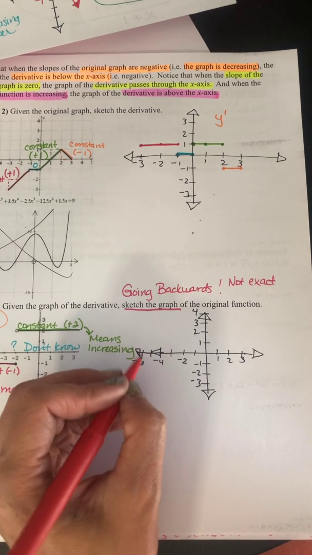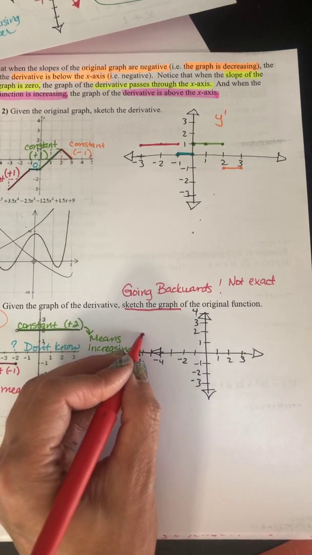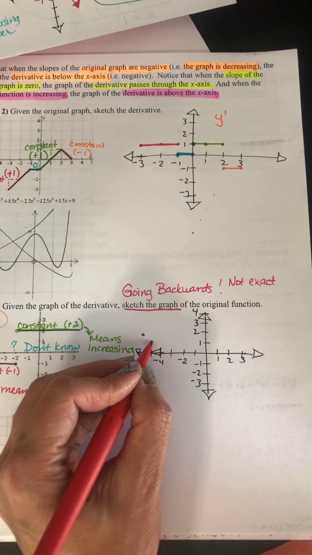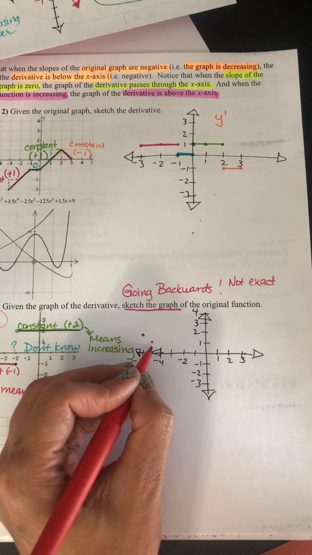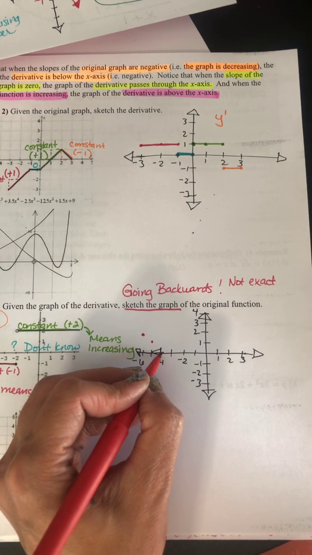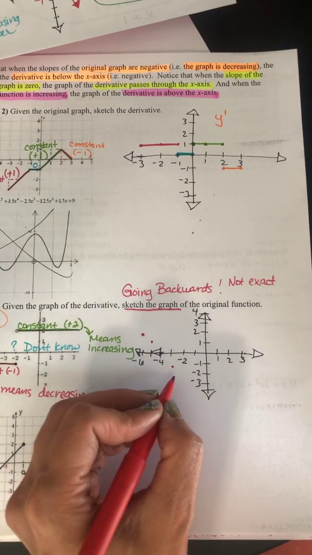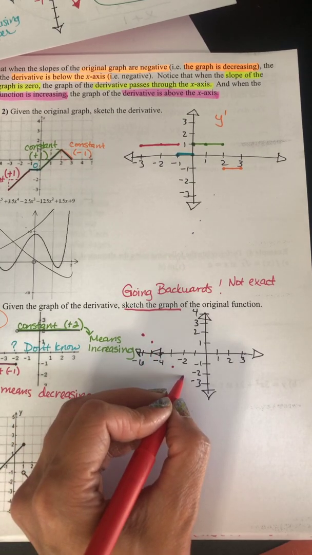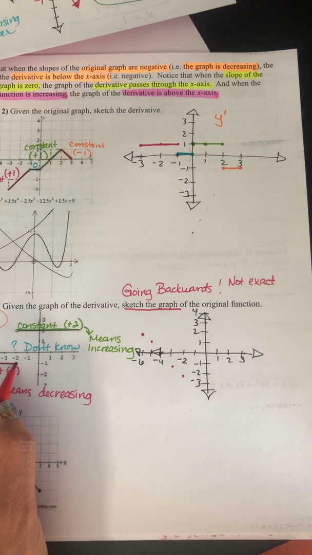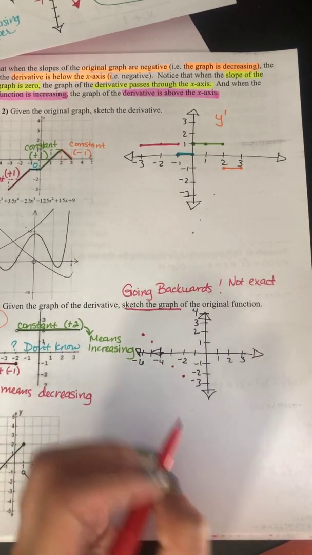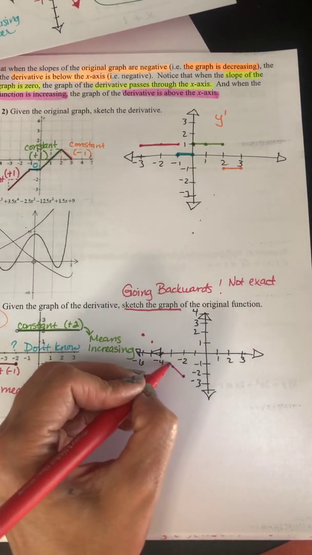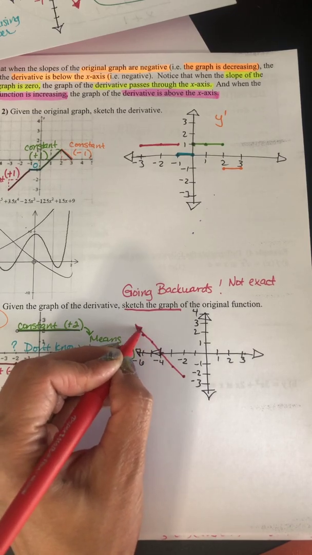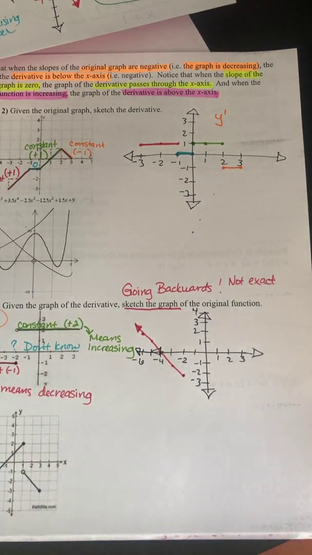We're decreasing by a slope of 1 each time. I'll just stop when I get to -2. And notice how there was a closed point there, so I can have a closed point here. So we're decreasing, decreasing, decreasing.